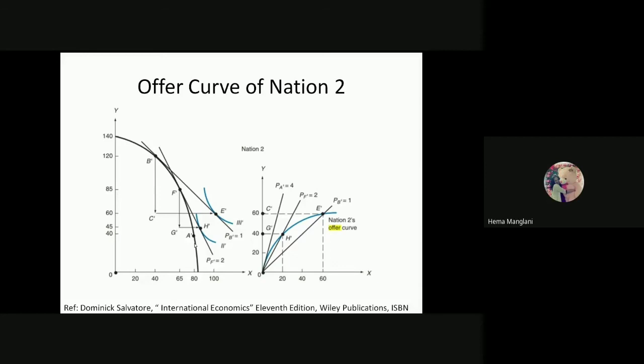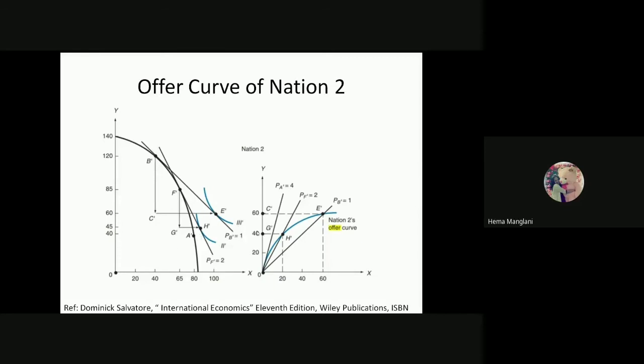Now, from this point, the country has to move toward international trade. The country's pro-trade situation is what? The country is revealing its consumption choices more for commodity X. You can see these points E and H are outside of the production possibility curve.